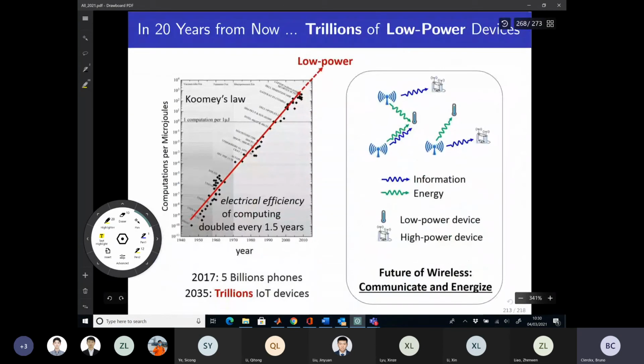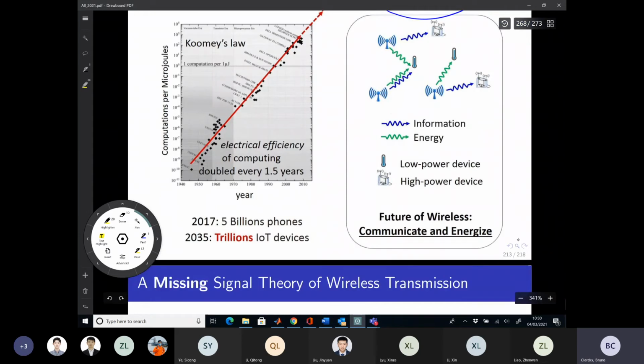This is a big area, motivated by the fact that in the future we'll see a very large number of devices, and those devices will be very low power. This is something we worked on quite a bit, and it leads to a lot of very interesting problems for communication engineers: if you have a certain spectrum, how do you make the best use of that spectrum to convey information and energy at the same time?